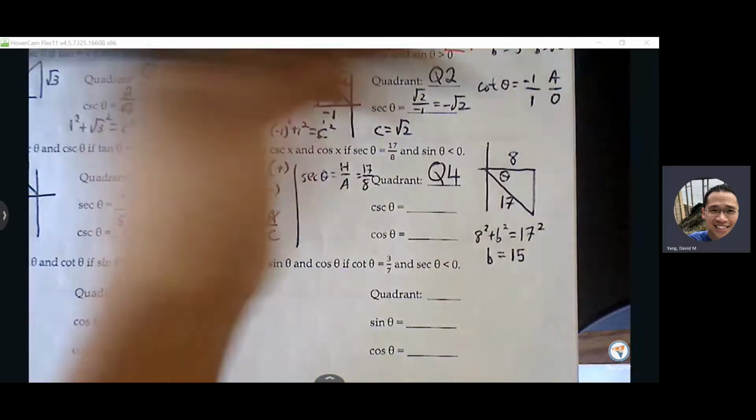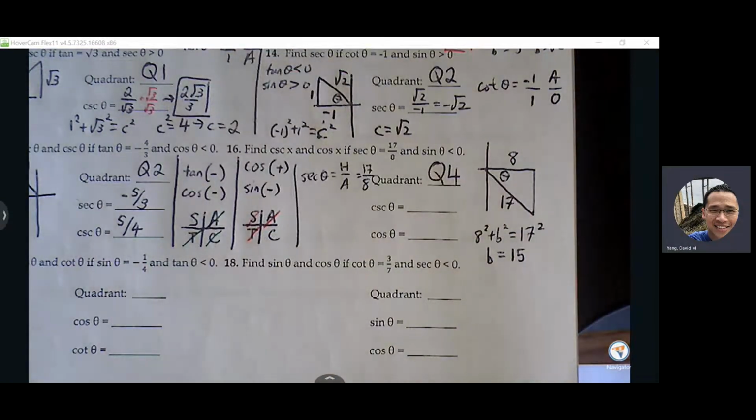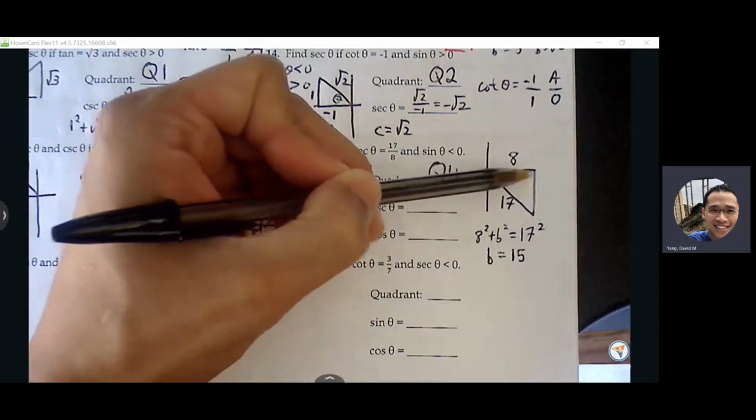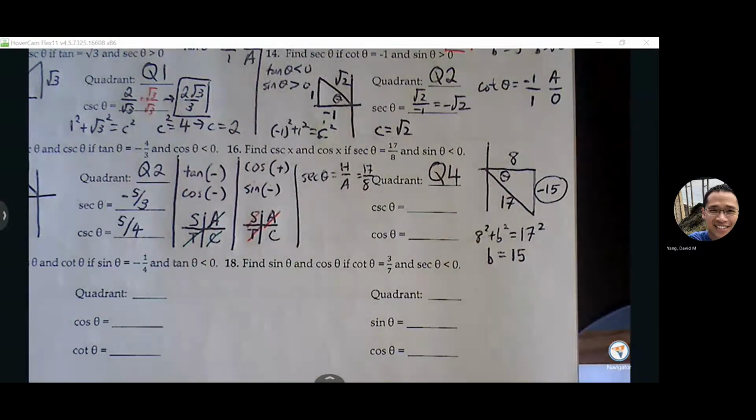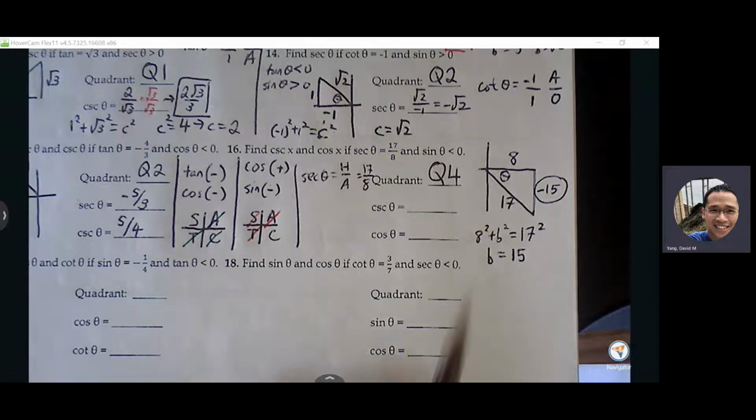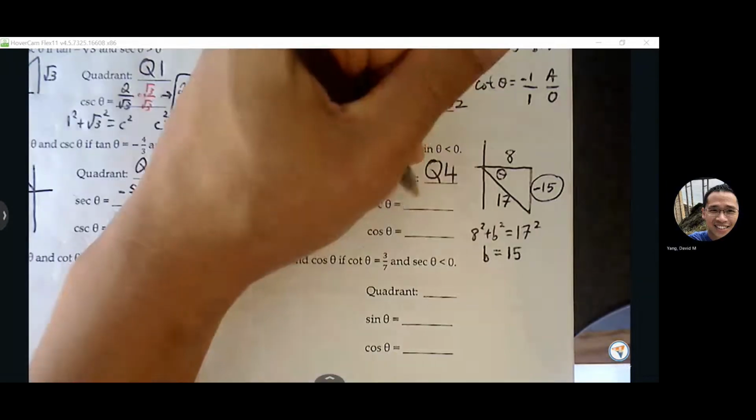On the quiz, it'll be smaller numbers, easier to find, but b equals 15. But what adjustment do we have to make with that 15? Make it negative, right? Because I'm going right 8 and down 15. So now we can find cosecant. Cosecant is hypotenuse over opposite.